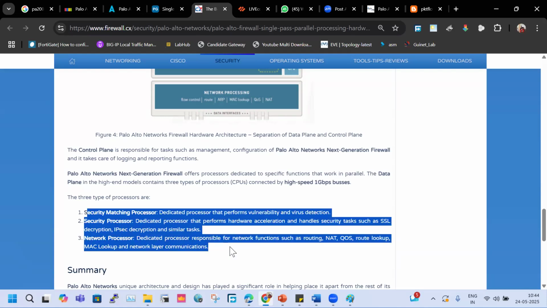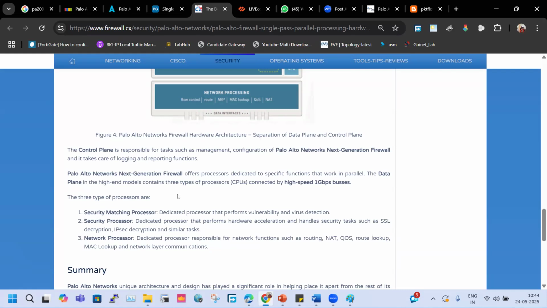So here our task is to finish understanding the architecture of the Palo Alto. Let's discuss this. I hope this is clear to everyone. The security matching processor does all the antivirus and vulnerability protections.